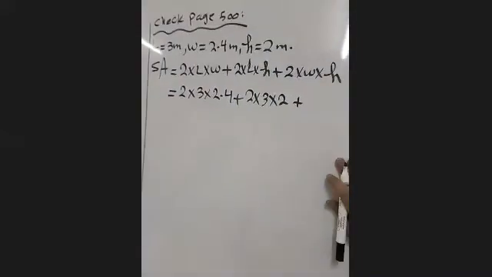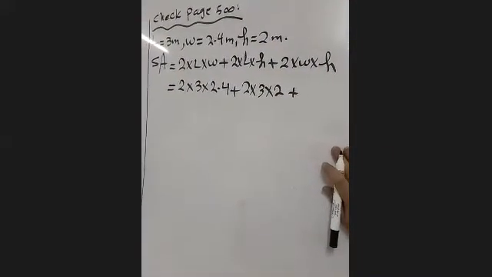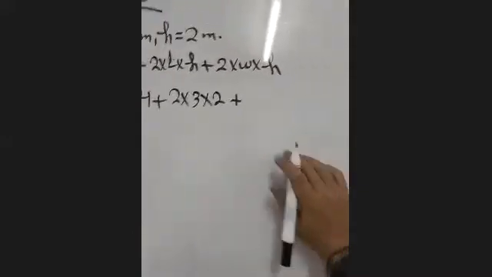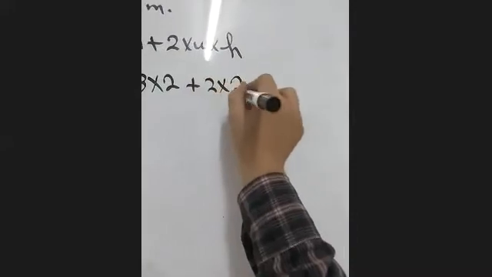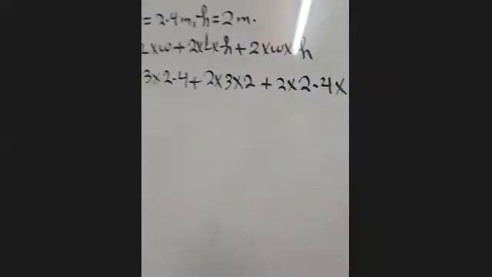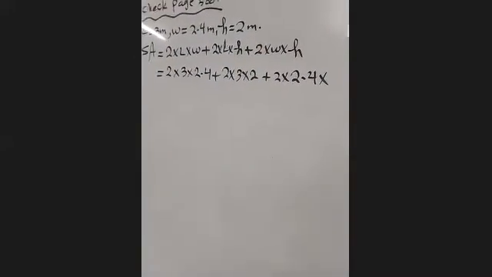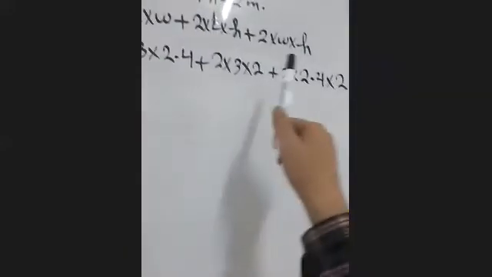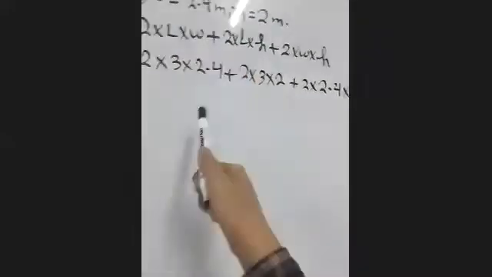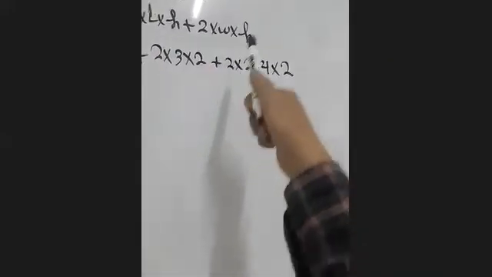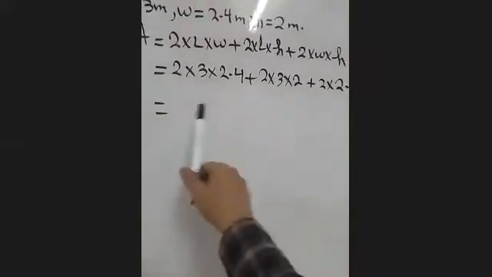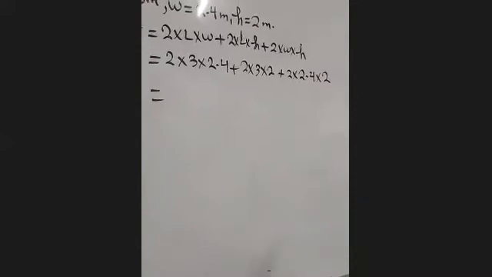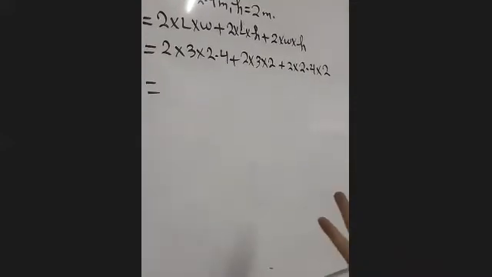Then plus 2 multiply 2.4, the width, 2 multiply 2.4, multiply the last thing, the height, which is 2. It's easy, guys. Just memorize the formula very well and replace each variable by its number. Don't forget the twos, don't forget the plus, the multiply. It's not that difficult, okay?